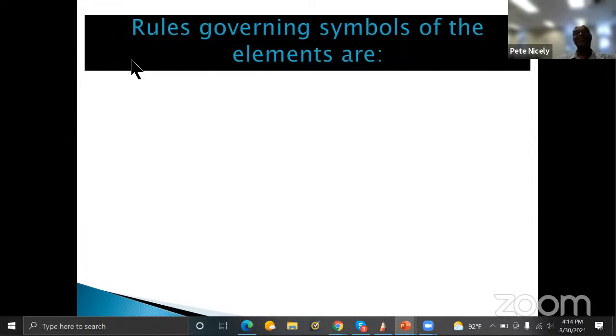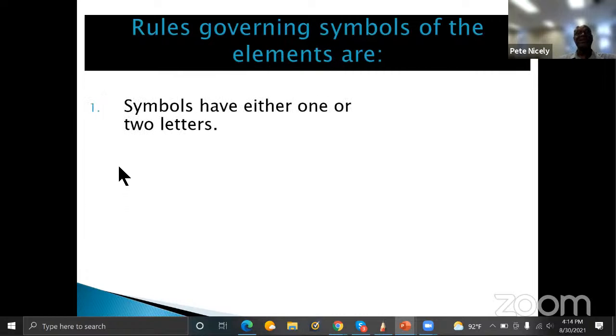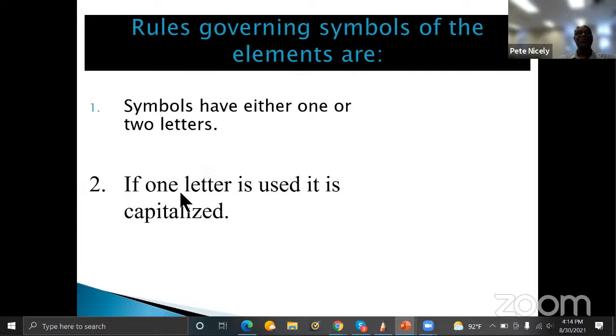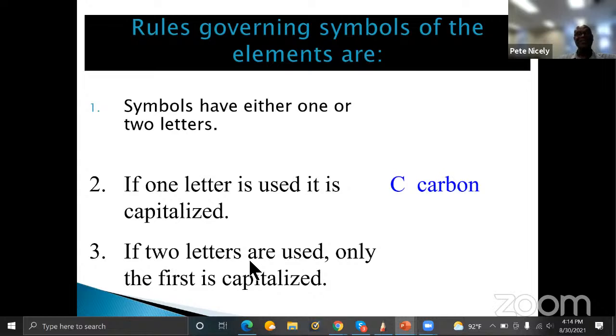Now, as far as the rules governing symbols for the elements, basically, the symbol can have either 1 or 2 letters. If it is 1 letter, then that letter must be a capital letter or uppercase, such as in the case of hydrogen, where the symbol is H, or in the case of carbon, where the symbol is C. But if you have 2 letters, then the first letter must be capitalized and the second letter will be a lowercase letter, such as in the case of neon, where the symbol is Ne, and barium, where the symbol is Ba, all right?